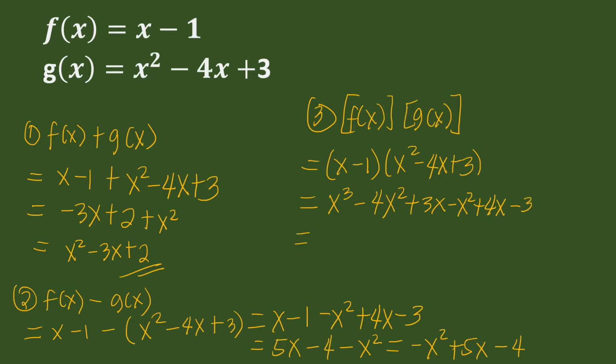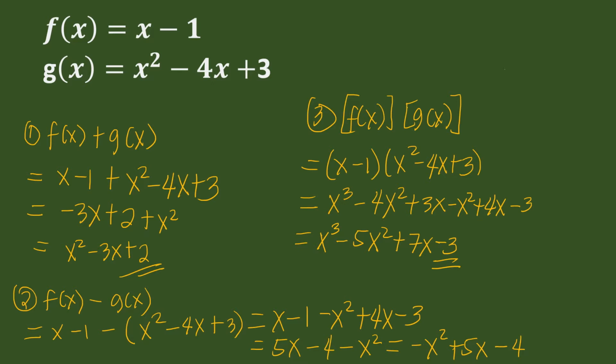Combine similar terms: we will have x cubed, then negative 4x squared and negative x squared, negative 5x squared, then 3x plus 4x, we will have plus 7x, and we will have minus 3. This would be our product.